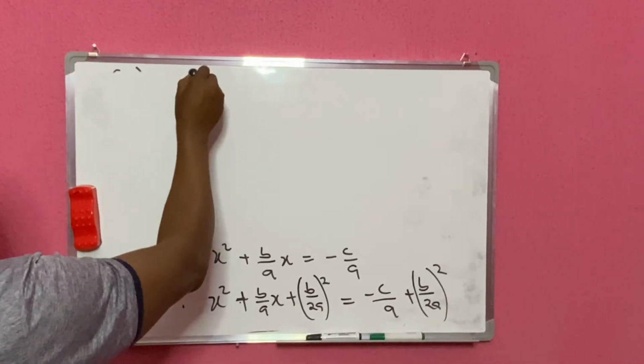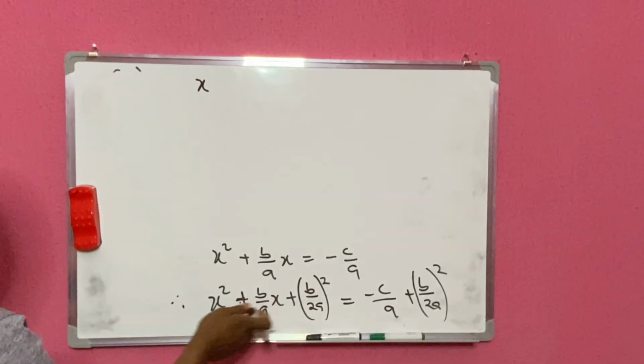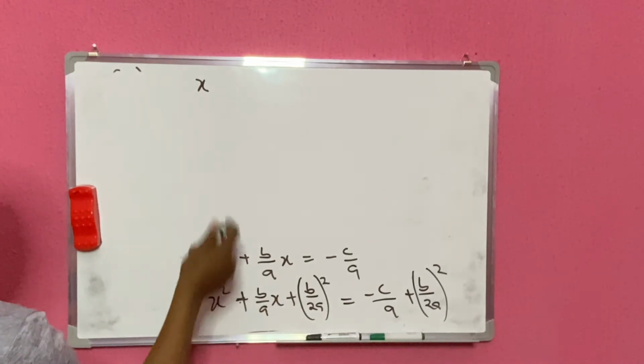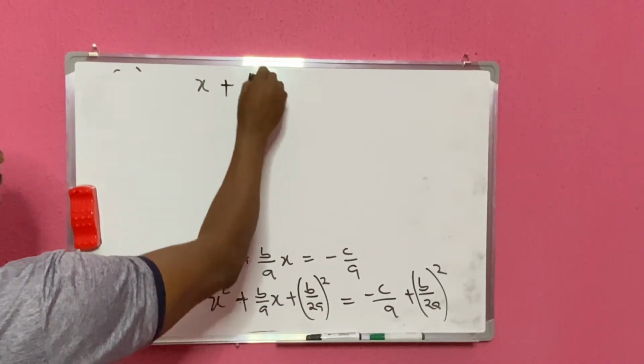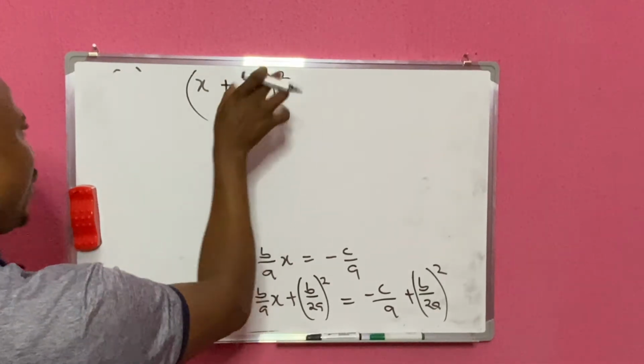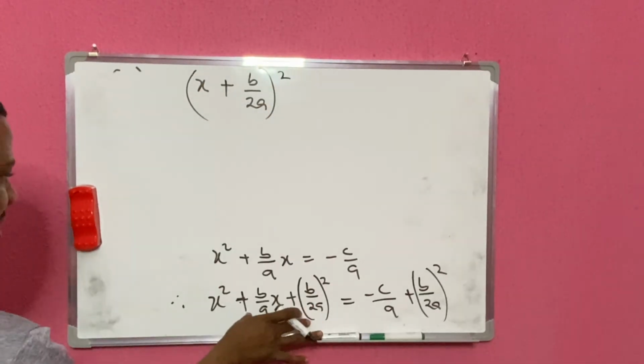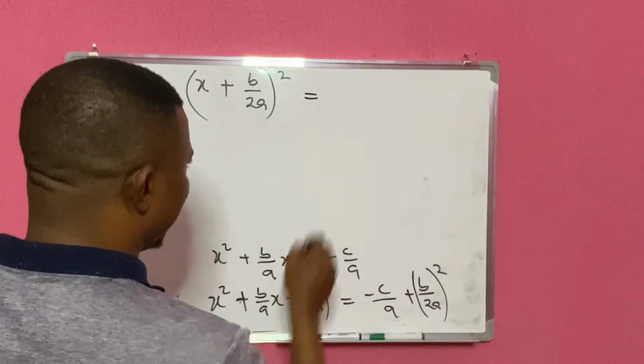Now, what I told you before, we have something like this. You pick the first one, x, and the last one, b over 2a, and you square everything. If you open this bracket, you must have this. It's certain.